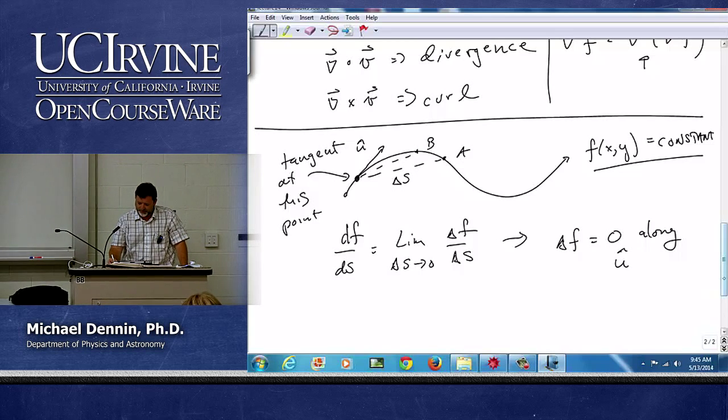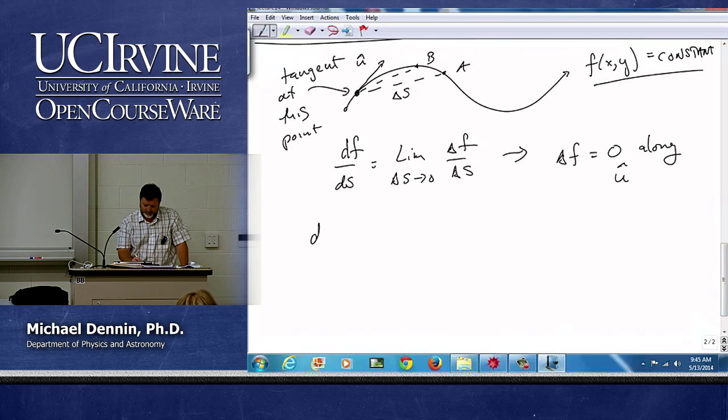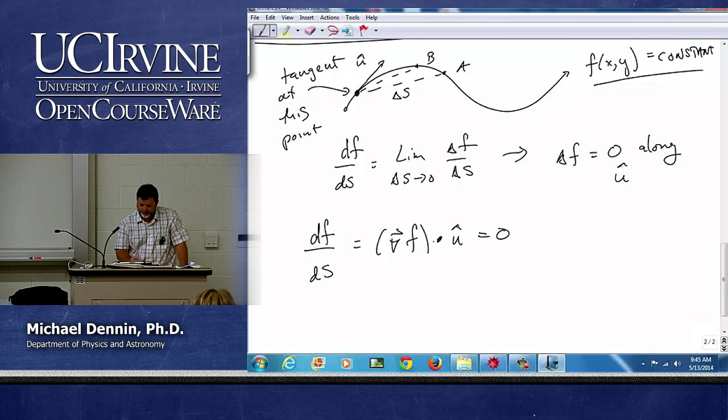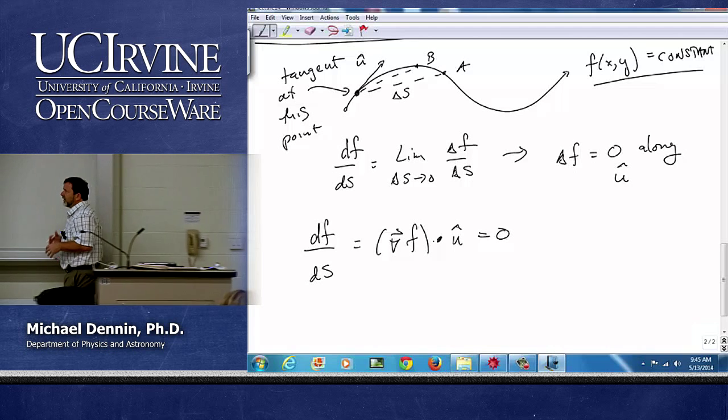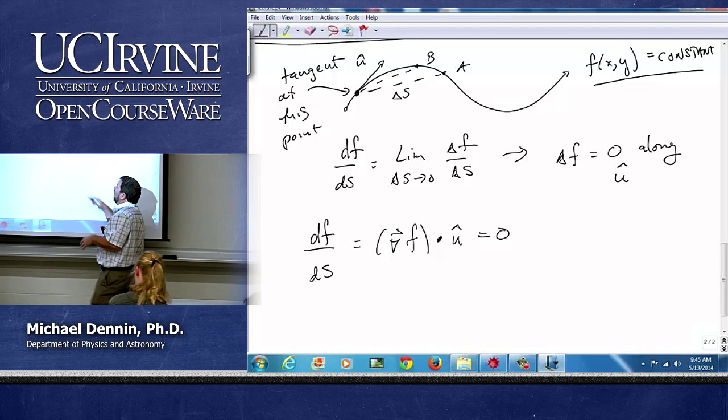So that means, by definition, df/ds, which equals, we just found, the gradient of f dotted into u hat, has to equal 0.